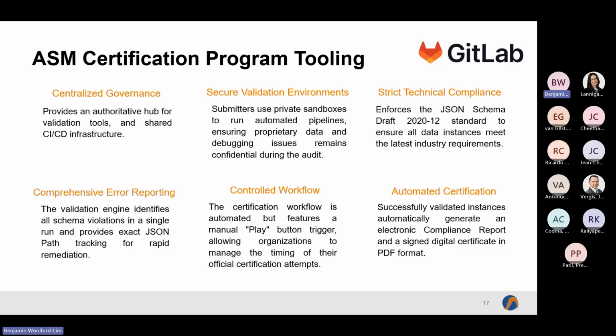Confidential information remains confidential. We're enforcing the JSON Schema 2012 standard, which is what we've been using throughout. But since validation hasn't always been happening, this helps us to enforce it and ensure that it's being applied correctly. The validation engine itself provides the schema validations in a nice single file, including tracking, so you can see where your files went wrong if they did, and hone down to what you need to fix.